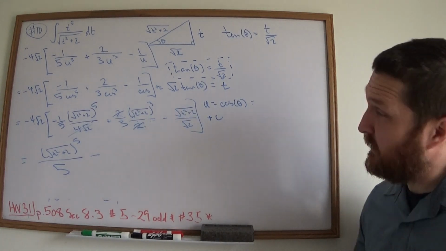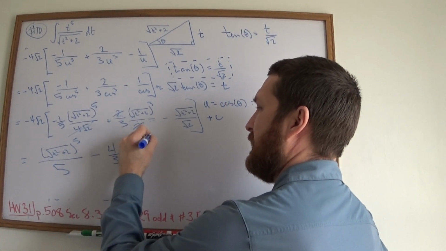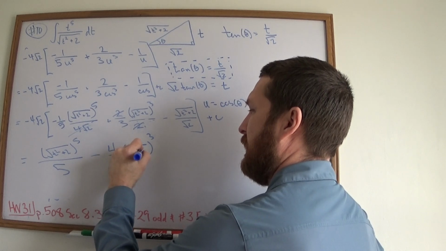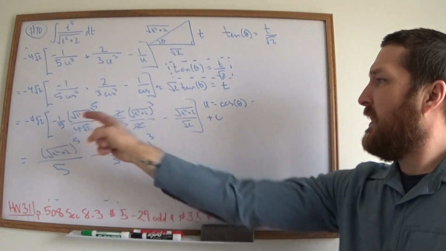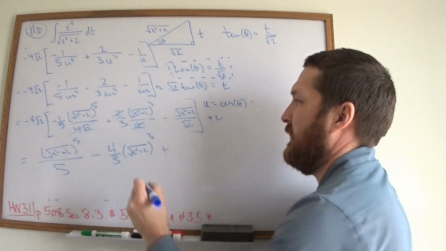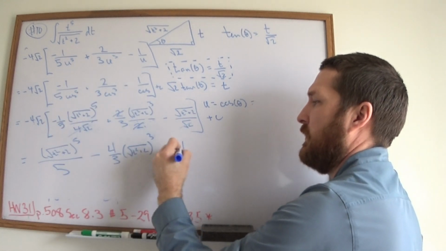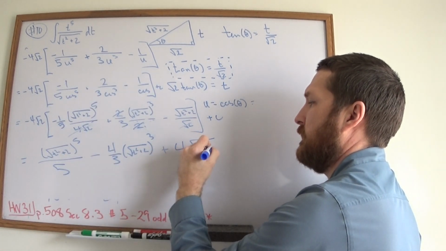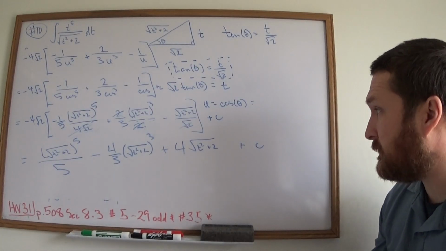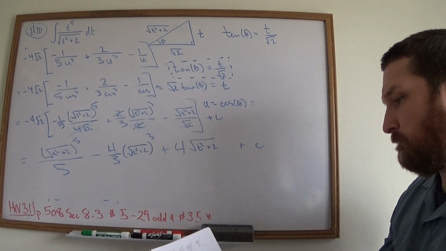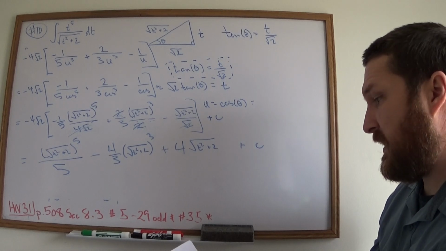Make sure I haven't messed that up. Yep, 4/3. And then we have this to the third. Now that comes in, negative makes that positive. Root 2 kills the root 2, and we're just left with a 4 root t squared plus 2, finally plus a constant. And is that what I got? Yep, minus 4/3 that stuff, plus 4 that stuff, plus c.